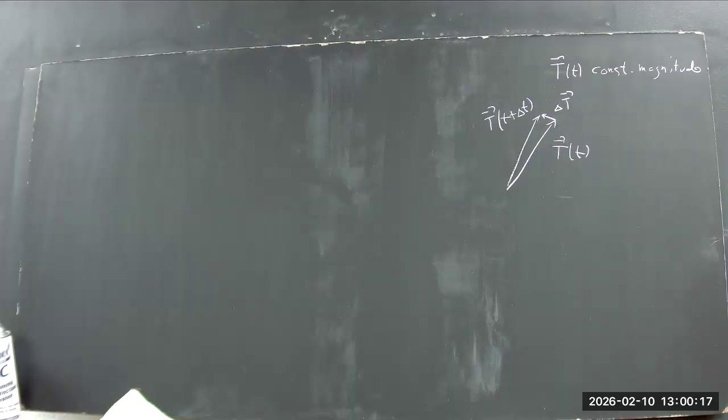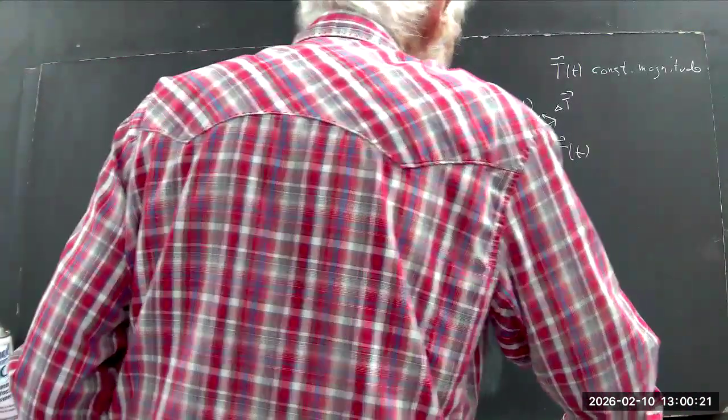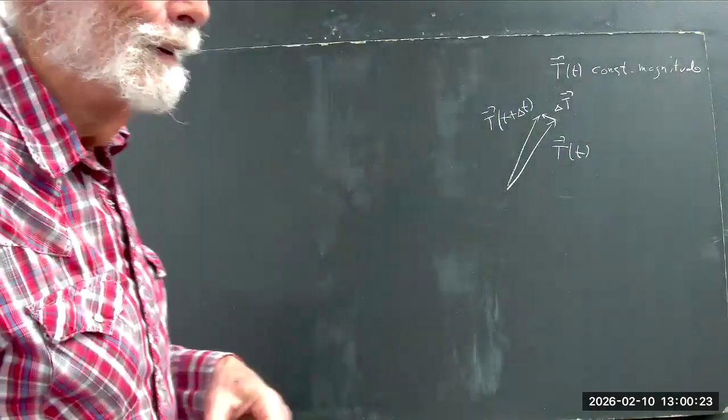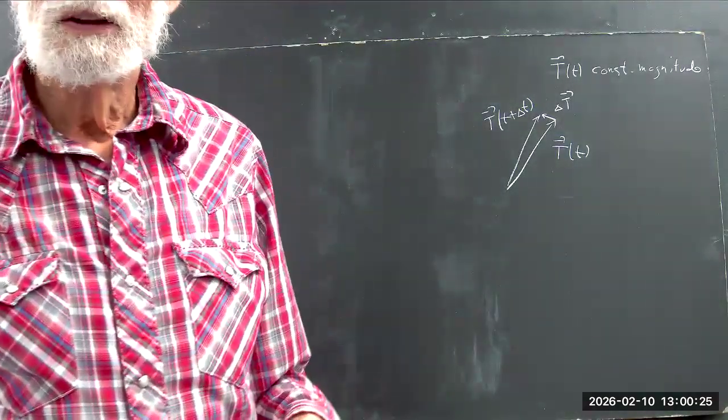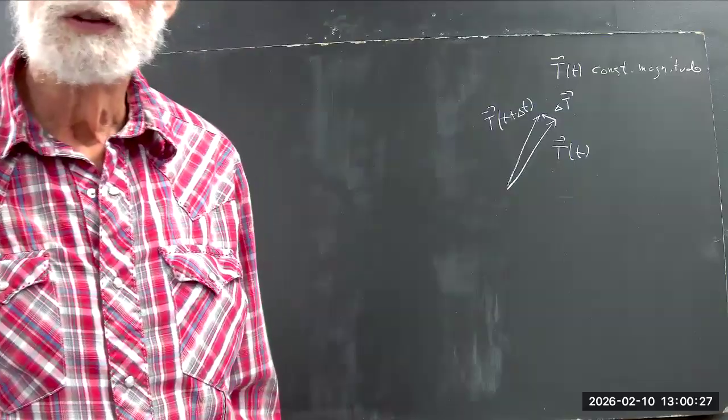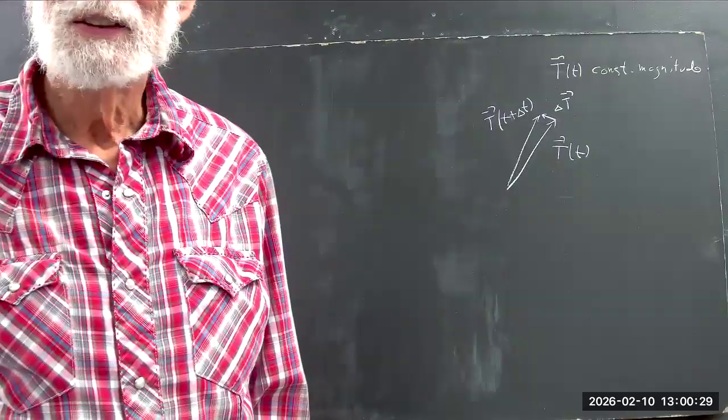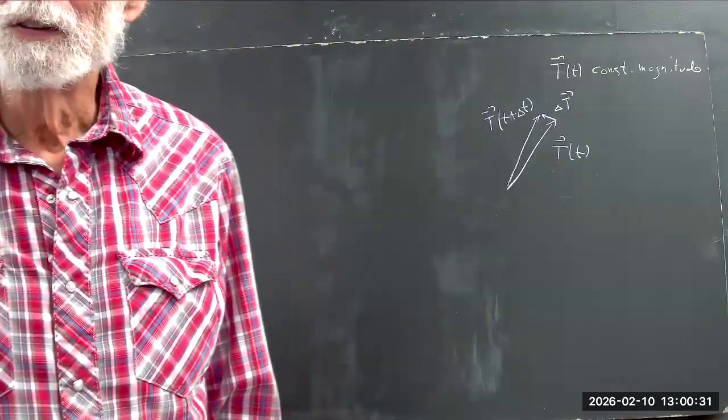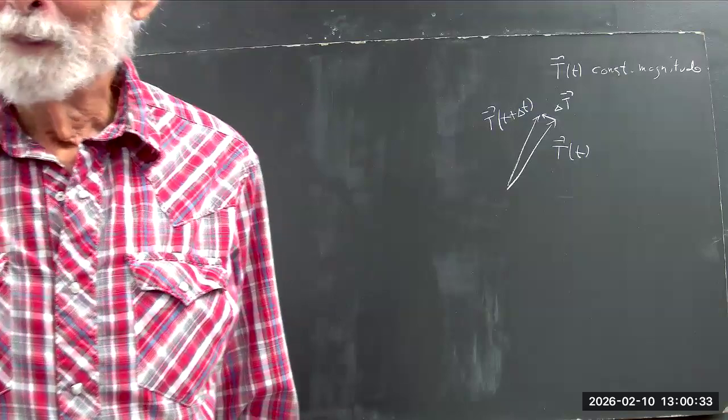Now, if you had my physics class, I told you a long time ago to learn why acceleration is v squared over r. It's because of isosceles triangles, because of exactly what I'm telling you now. Okay?